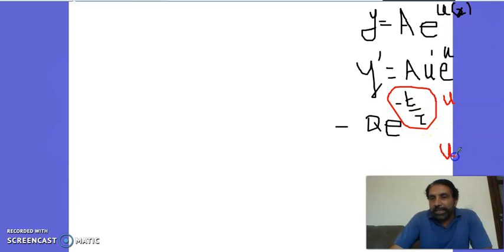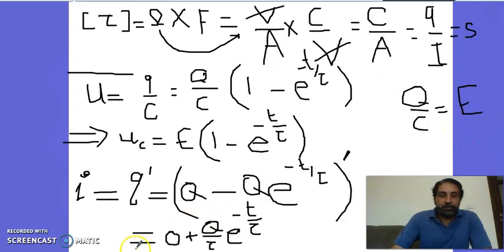So notice here, u prime is equal derivative of time t, 1. So minus 1 over tau. Clear? This is u prime. So put u prime here and a is minus q. Then you get q over tau exponential. Okay? So our function, the current I equal q over tau.